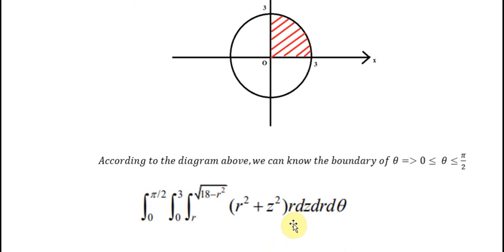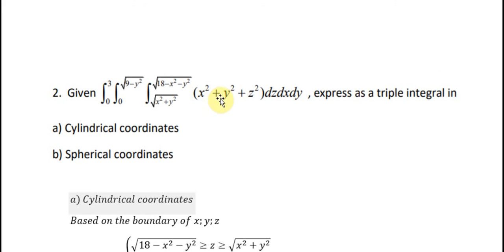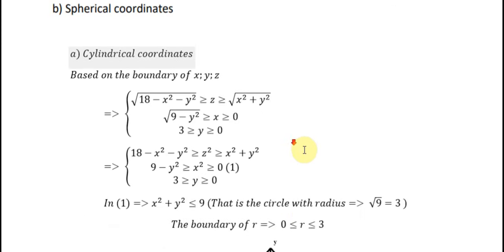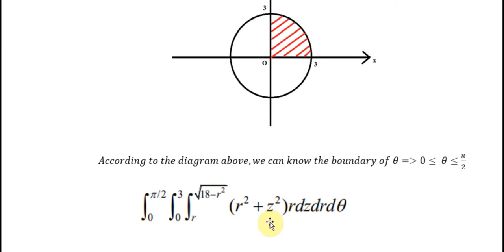We apply the formula r dr dz dtheta, and x^2 plus y^2 transfers to r^2, and z^2 we keep the same. So here is the answer for the cylindrical coordinates.